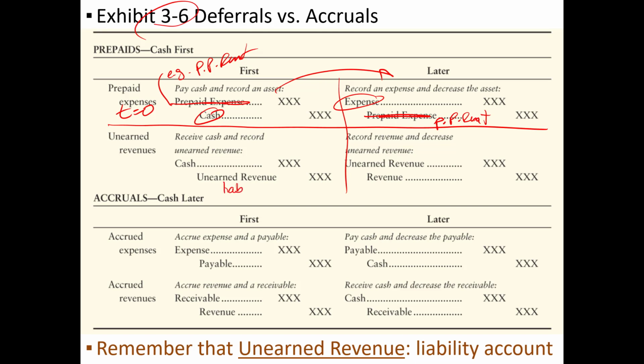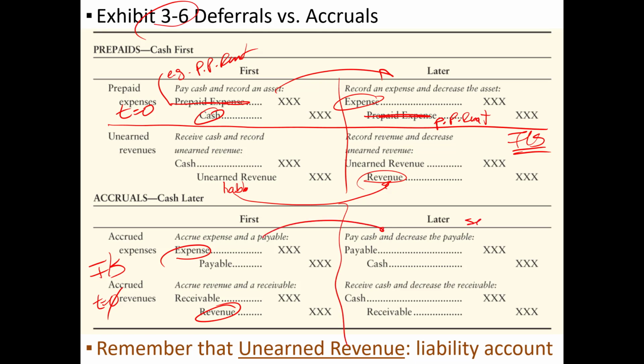Record the liability here, and then defer the revenue into the future on the income statement. So these are the income statement effects over here. When it comes to accruals, we're showing the income statement effects at T equals 0. Show those expenses and revenues right now, and then if we have to settle out later, settle in cash. These are always good charts, but make sure you can write them in a way that makes sense to you.